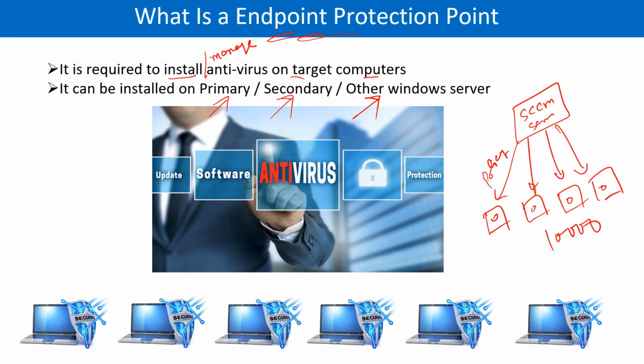This role will manage Windows Defender in the machines. It is an optional role because people are not using it, guys. People are using third party, Symantec or Norton or Trend Micro or AVG, or a number of other third-party antivirus. So mostly people are using third party, not this inbuilt one.